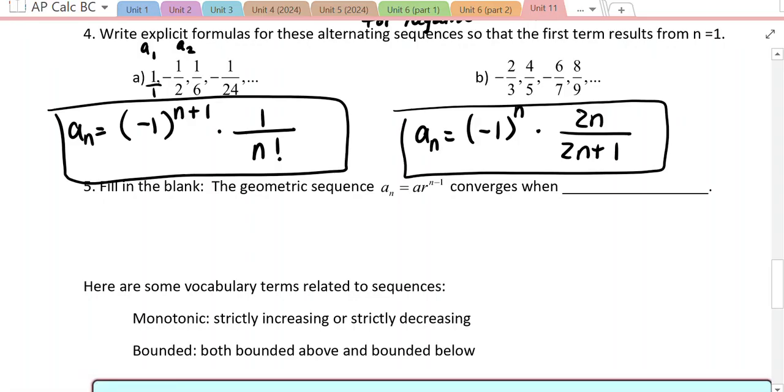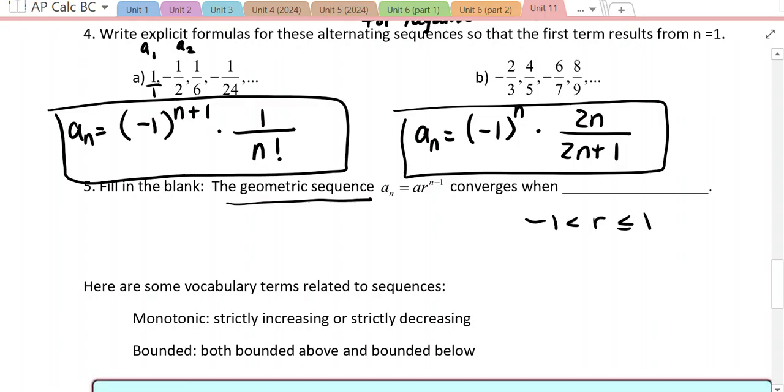A geometric sequence. Okay, so this is from when you did sequences and series, probably in pre-calculus. It's going to converge. Now, I'm not asking about the geometric series, but the sequence. Okay, so the list of numbers is going to converge when r is greater than negative 1 and less than or equal to 1.